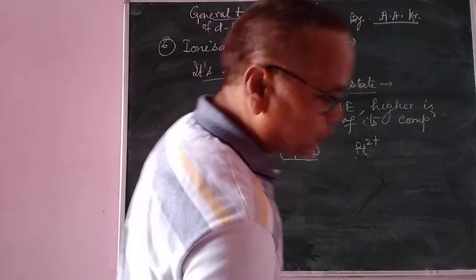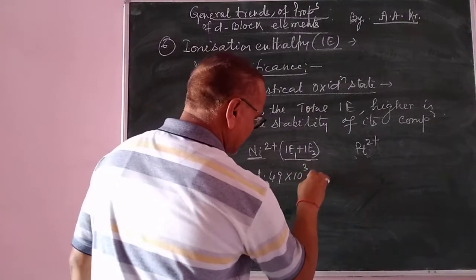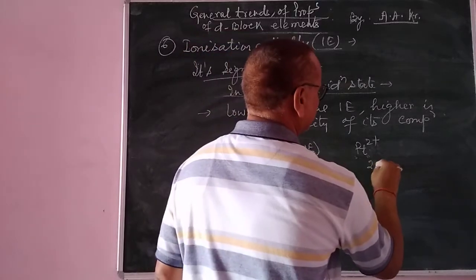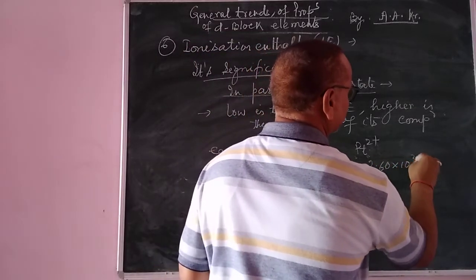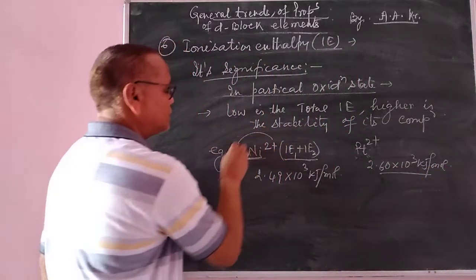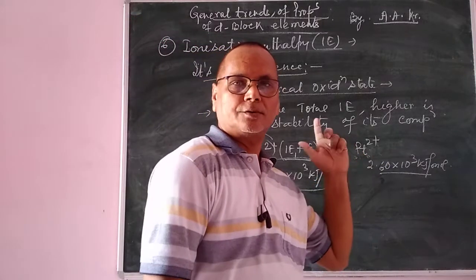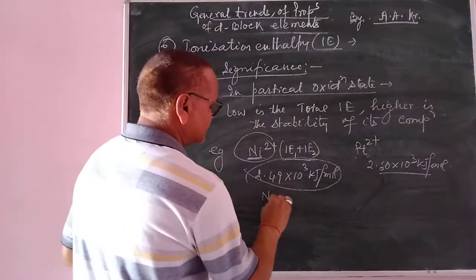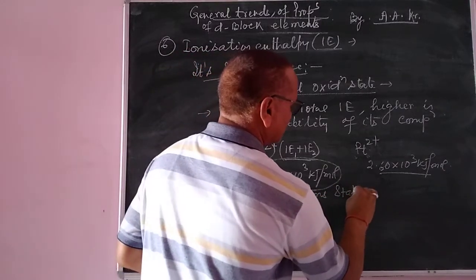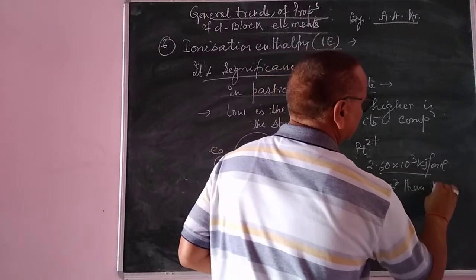It is 2.49 into 10 to the power 3 kilojoule per mole, and 2.60 into 10 to the power 3 kilojoule per mole. So the ionization enthalpy of Ni2+ is lower than Pt2+. So Ni2+ forms a more stable compound than Pt2+.